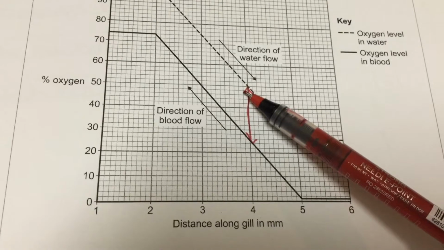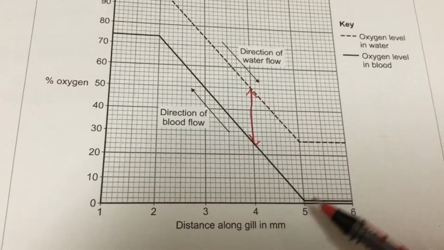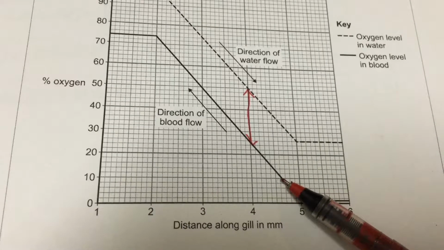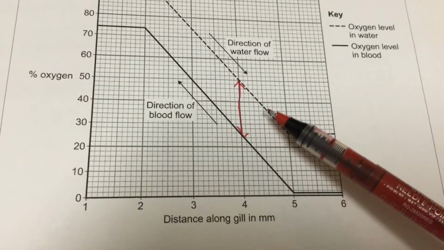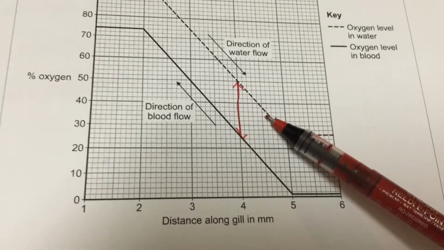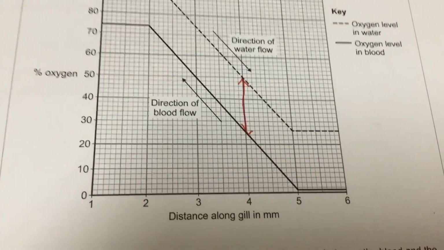What we're showing here is that things are moving in opposite directions, but where one is low, for example, the oxygen in the blood is low, the oxygen in the water is also fairly low. However, it's still higher than the oxygen in the blood. So the concentration gradient is maintained over its length.